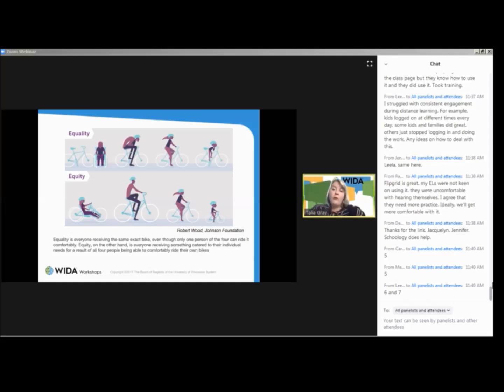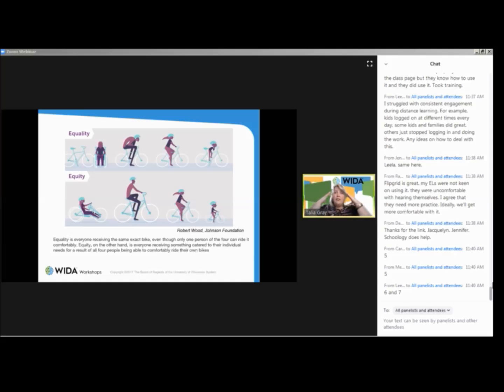Now, if you notice, only 1 out of 4 of those people can ride the bicycle comfortably. So if you look at the next graphic down below, you see that this is an example of equity. Not everybody gets the same bicycle. Everybody gets the bicycle that they need.